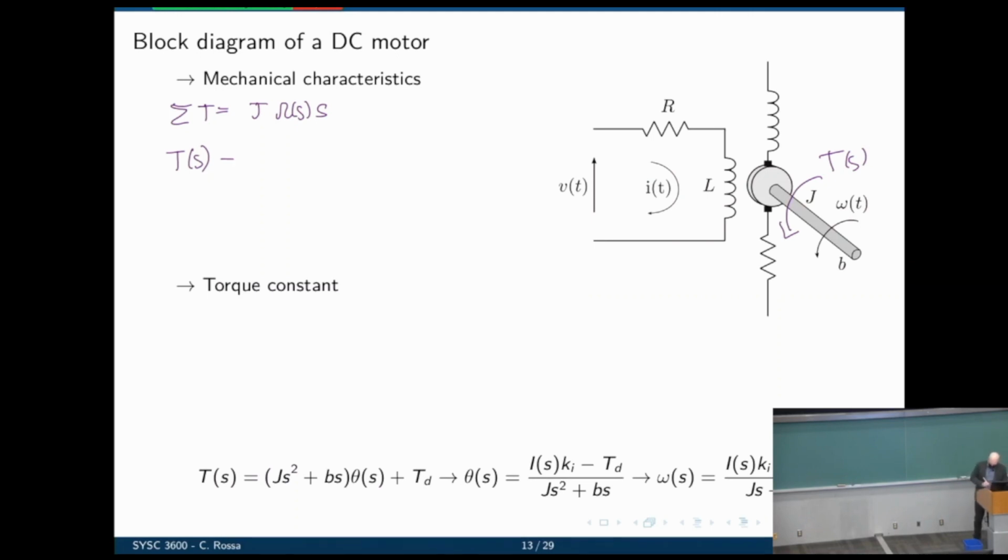Second of all, we have friction between the shaft and the bearings and everything there. And let's assume that the coefficient of friction is B. So minus B times the speed. And why is that minus? Because friction in this case always opposes motion. Right? So if T of s is creating a torque clockwise, the friction is going counterclockwise.